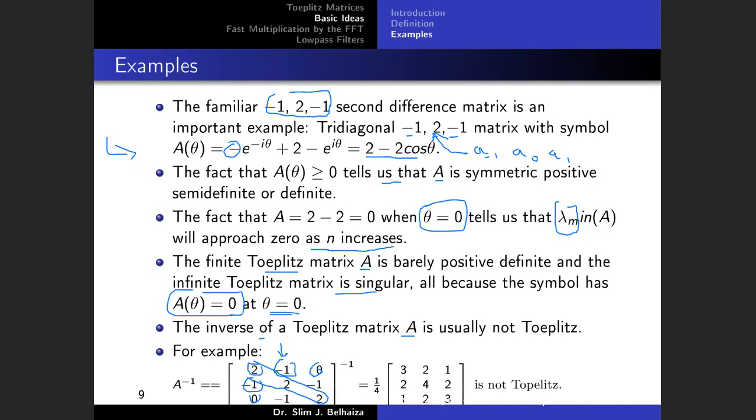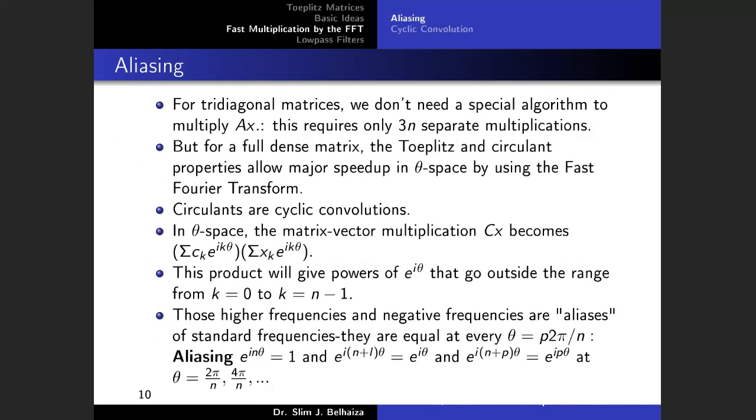Now, if you try to invert it, you're going to have this matrix, which is not Toeplitz. Okay? You see why? For the simple reason that the items in the main diagonal are not the same. So this breaks the whole idea that inverses of Toeplitz matrices are also Toeplitz matrices.